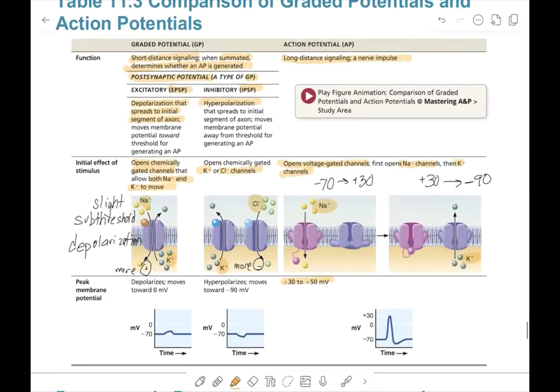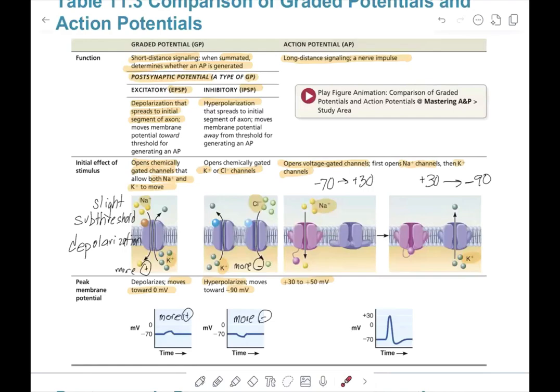The peak membrane potential here is, if we have an EPSP, it moves towards zero because it starts to become more positive or less negative, starting to move towards threshold. For an IPSP, it hyperpolarizes, so it becomes more negative on the inside.